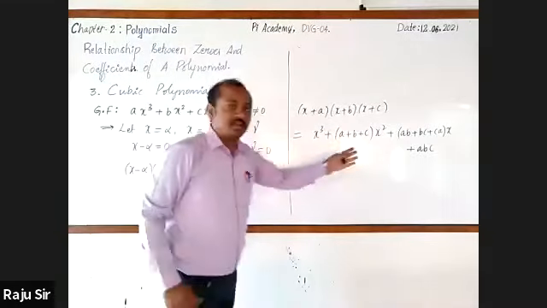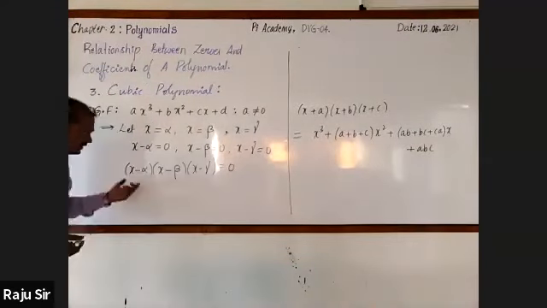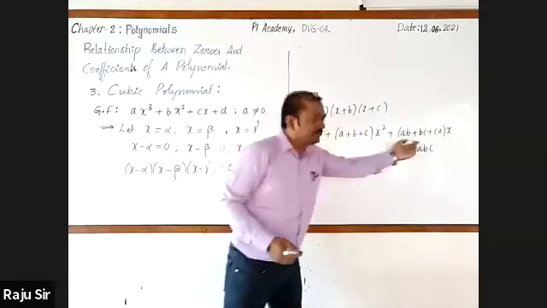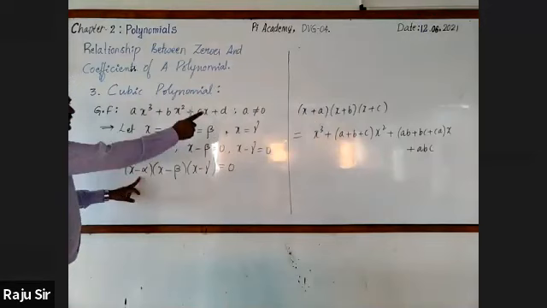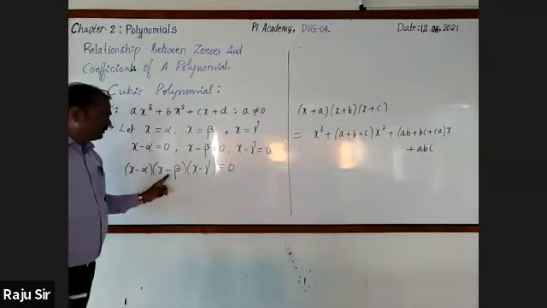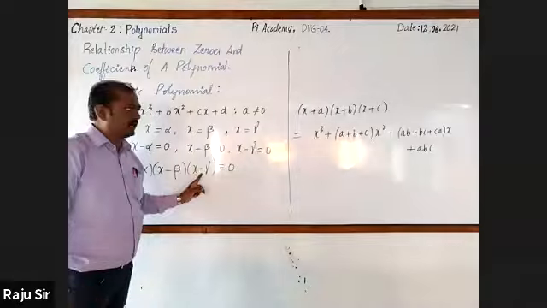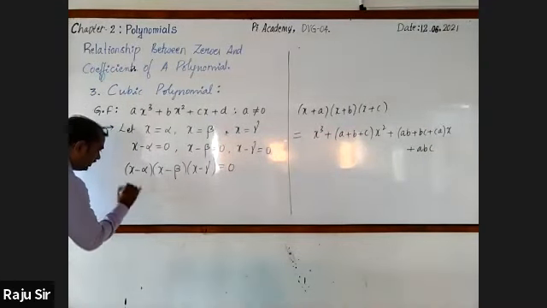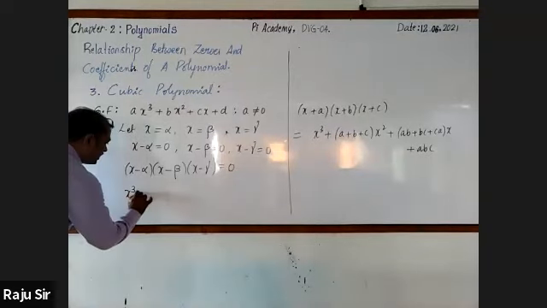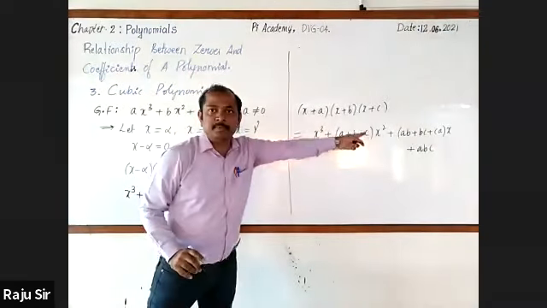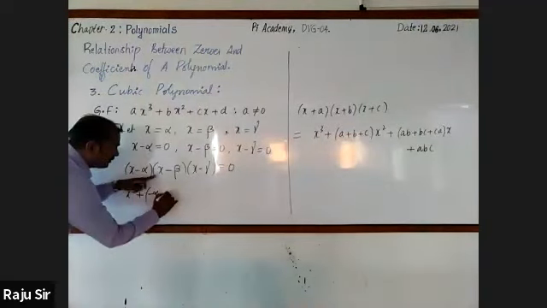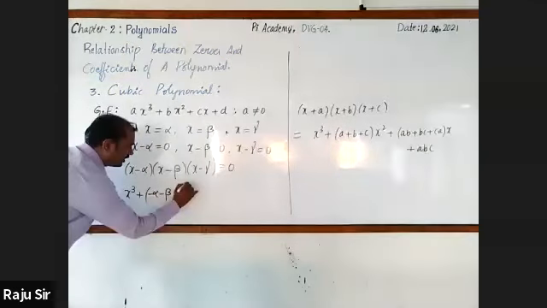Okay. Now, as the left hand side is of this form, let us go for writing in this way. Here, in place of a, minus alpha is there, in place of b, minus beta, in place of c, minus gamma is there. Go on writing. That's equal to x cube as it is, plus a plus b plus c into x square, here minus alpha minus beta minus gamma into x square.